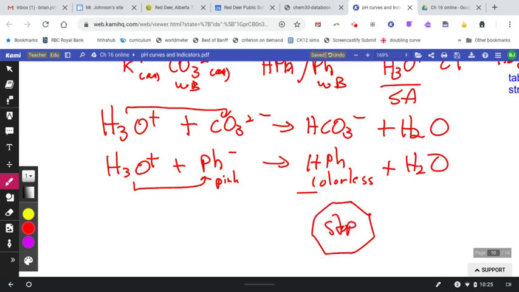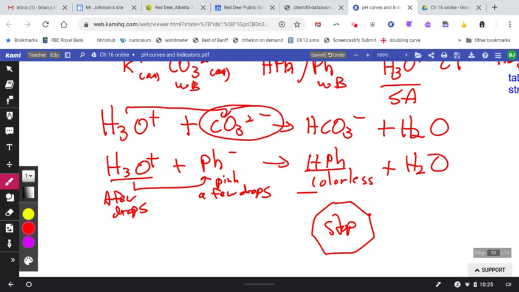That's why you only add a few drops of indicator, so that it is used up very quickly when you add that strong acid. A few drops of acid will use up all the indicator and switch its color from pink to colorless, and then you would stop and you know that you have used up all of the base. Quantitative, 100%. Used up all of it.